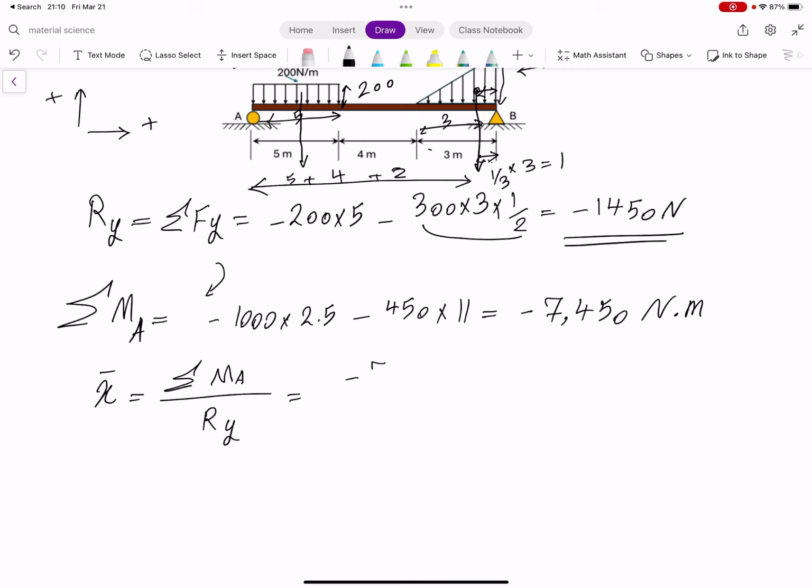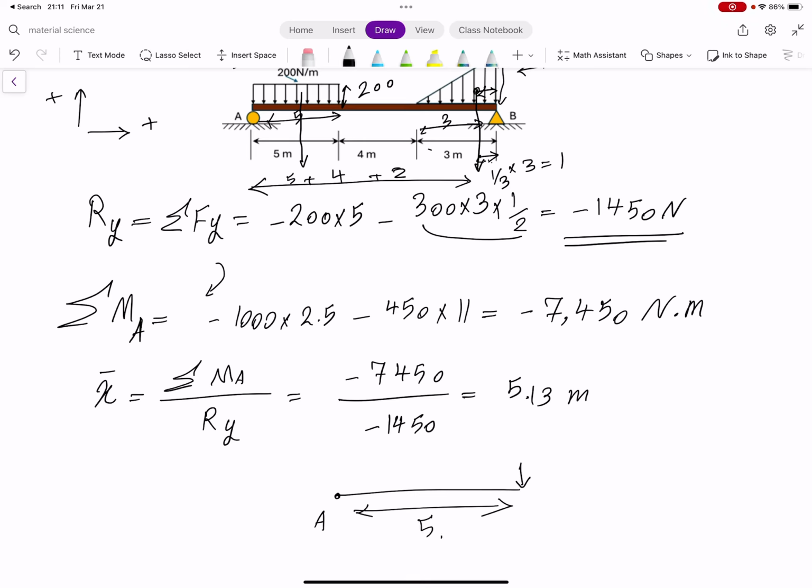This is minus 7,450 divided by 1450. That gives you a positive value, 5.13 meter. What does it mean? So it means with respect to point A, the resultant is going to be this much away, right? 5 meter.